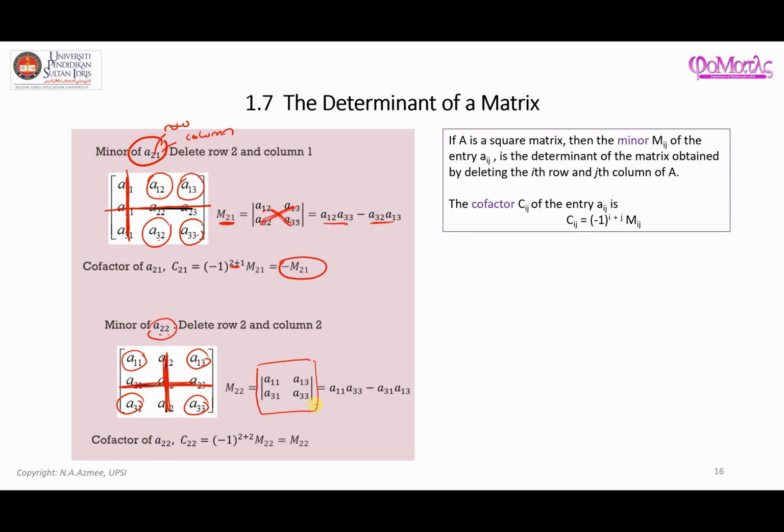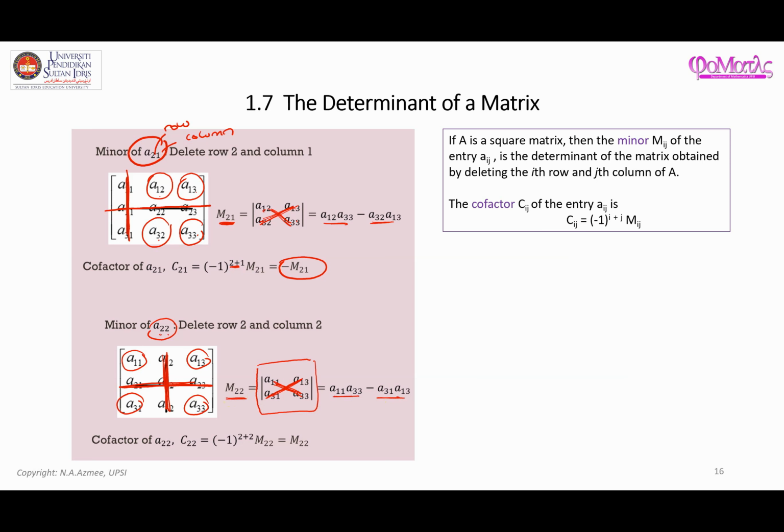Again, if you want to find the determinant of what is now a 2 by 2 matrix, what you can do is cross multiply these two items, subtract the result of these two items, and you should be able to find the value of M22.